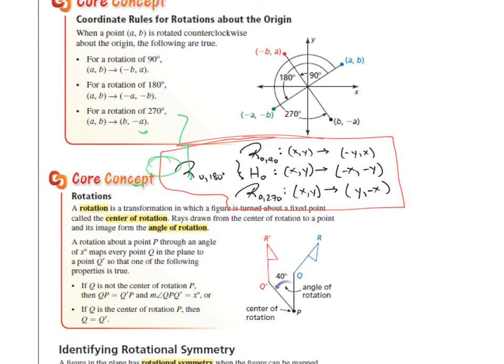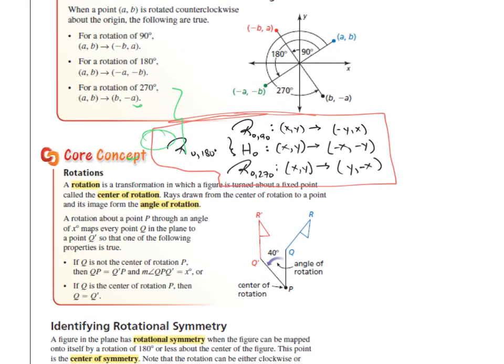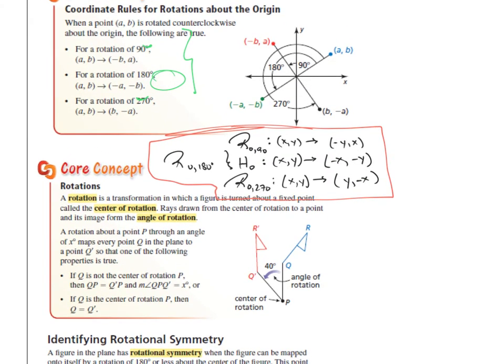So let's take a look at what we got here. As we said before, I'm not sure why that's not moving with everything. That's kind of odd. Let's see if we can move that separately. There we go. A rotation is a transformation in which a figure is turned about a fixed point. Then we have the center. So again, if this is my fixed point down here, and I'm rotating this object like this, here's my distance from it.